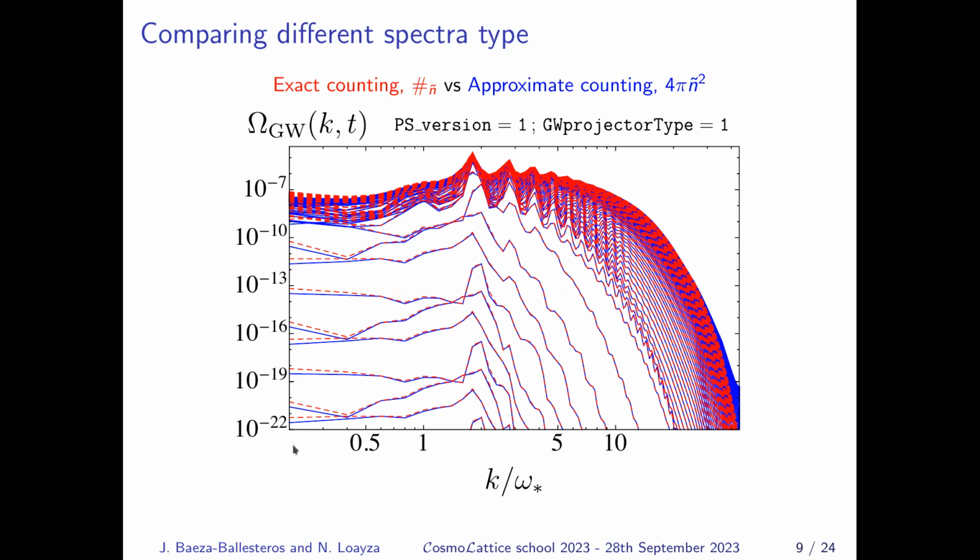Technical note 1, yes, because it's where we introduce the difference of the different spectra. What I can tell you is, for most applications I've done in my life, it didn't matter at all, because typically you want an infrared tail falling off as close to k to the 3 as possible, due to causality.